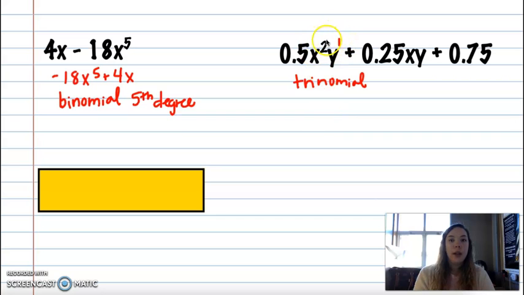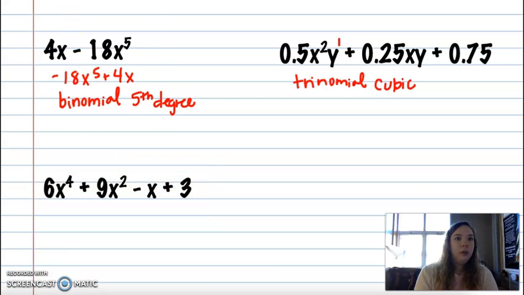So if I have an exponent of 2 and an exponent of 1, that means that this is really a power of 3, and we would call it a cubic trinomial, or trinomial that's cubic. That can really go either way. Sometimes cubic trinomial sounds better, but when you have more than one variable, you want to add their exponents together, kind of like we were doing in exponent rules. So since they're not like terms, we can't really add them together to simplify them, but in terms of identifying what degree they have, we do want to add them together.